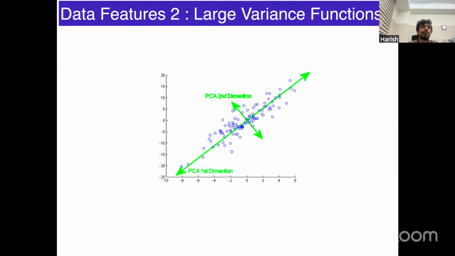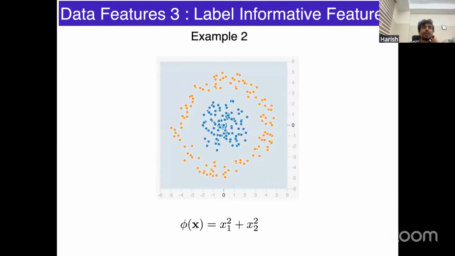So in this example, the diagonal arrow corresponds to a large variance direction, and that's one data feature, whereas the second dimension corresponds to a direction which has lesser variance, and that might not be a good data feature, right? So that's another notion of data features.